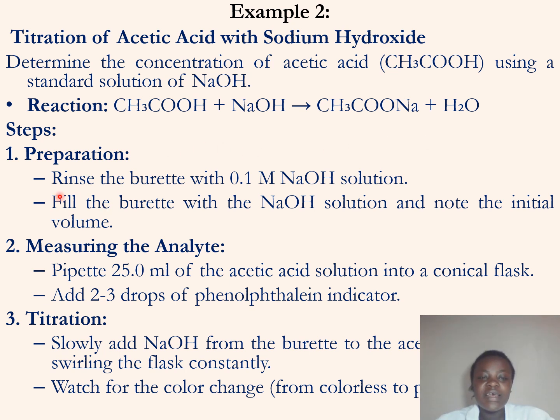So the first step, preparation: rinse the burette, that is always the first step. Our standard solution, sodium hydroxide, is still 0.1 molar. Then we fill the burette with sodium hydroxide solution and record the initial burette reading.